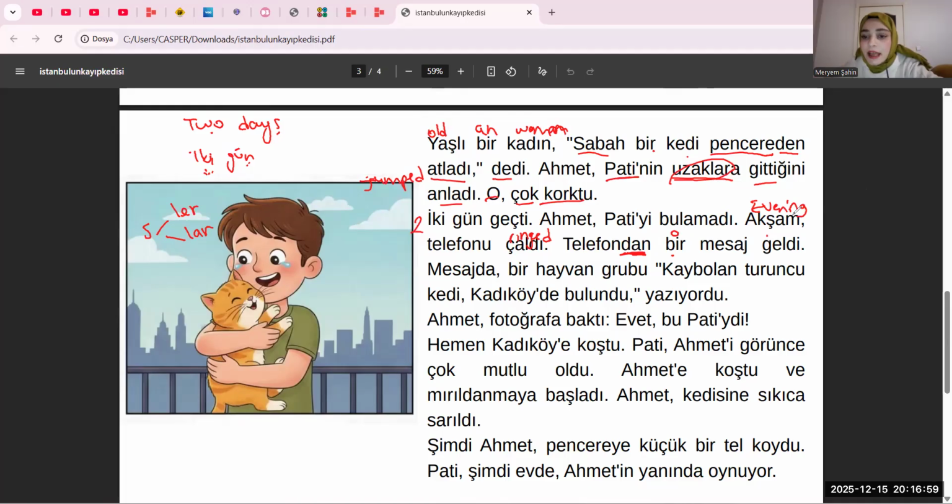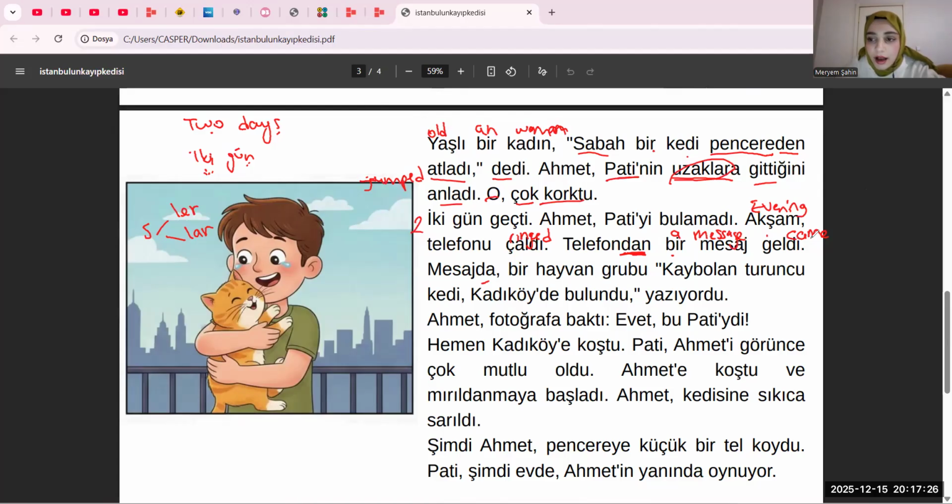Bir mesaj. Message, it's similar in English. Geldi, came. For it, because telefon is an it here. Came for he, geldi. For she, geldi. For it, geldi. For me, geldim. For you, again, geldin.